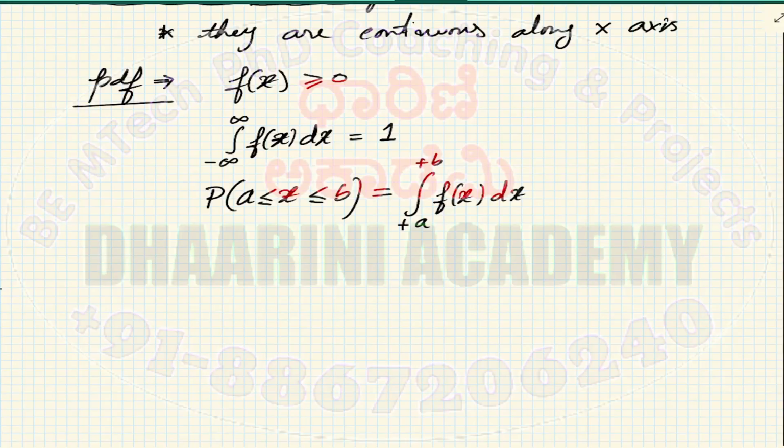All right, next, this is corresponding to the PDF. Similar to the PDF you have a cumulative one, that is the CDF. How do we represent the CDF? CDF is capital F of x, which we can define as the probability that the random variable x is less than or equal to a given value x.